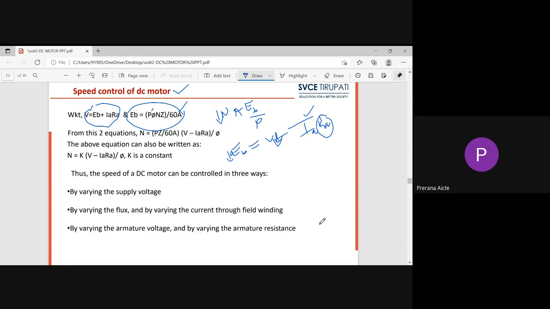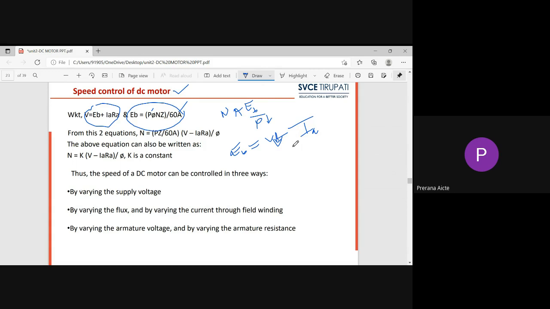Coming to flux control method, it is possible to reduce the flux from its rated value. Once we design the machine, it is not possible to increase more than the rated flux. That's why it is possible to reduce it by placing some resistance in series with the field winding.